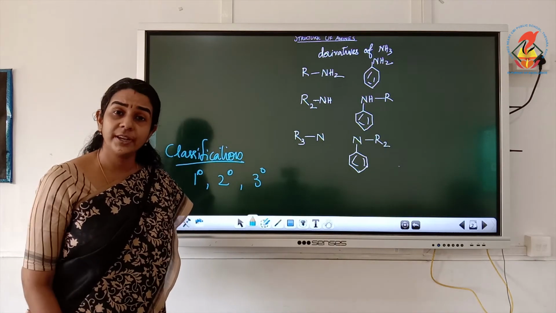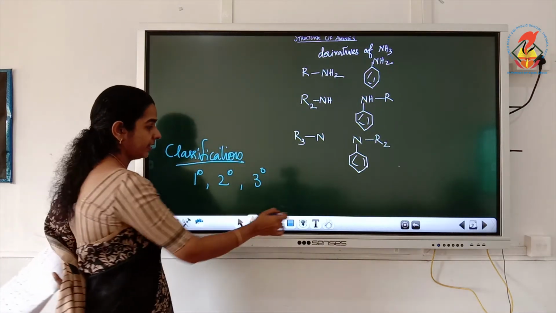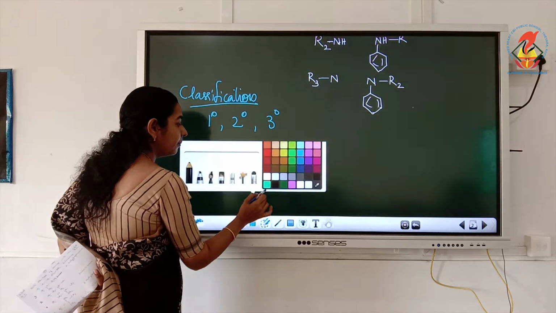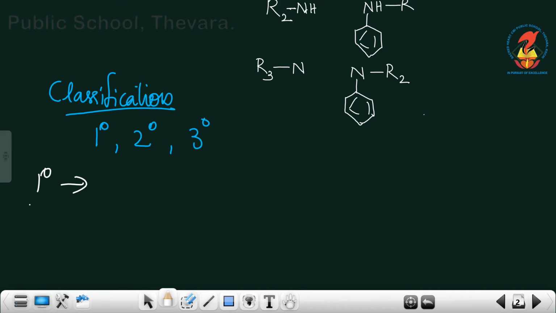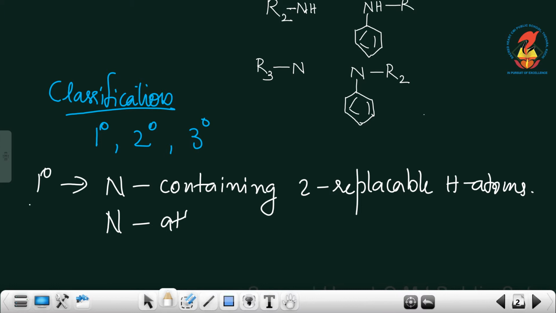So how can we define a primary amine? If it is NH2, we can say that it is a primary amine. So the definition of a primary amine is a nitrogen atom containing two replaceable hydrogen atoms, or, if the nitrogen atom is attached to only one carbon atom, it can be considered a primary amine.